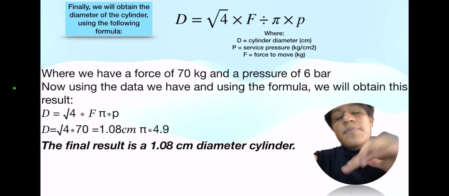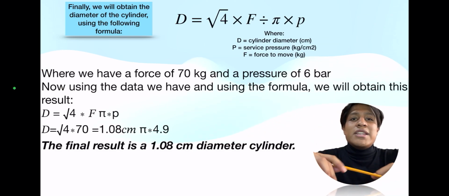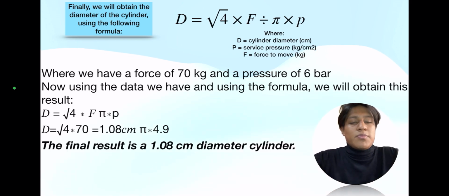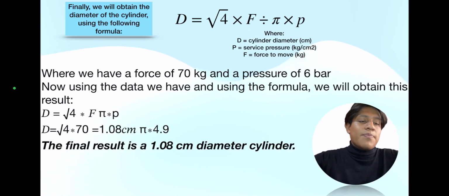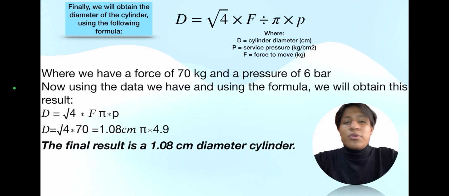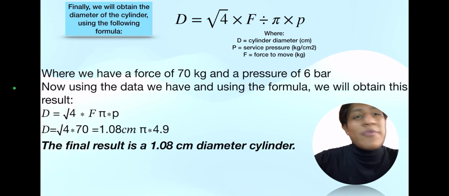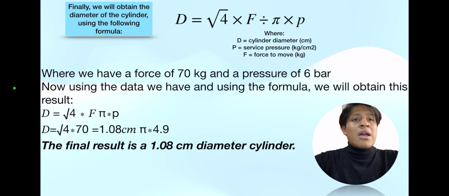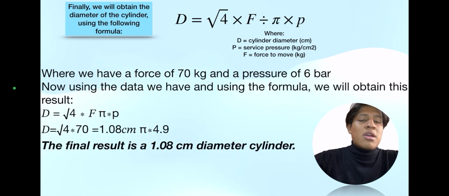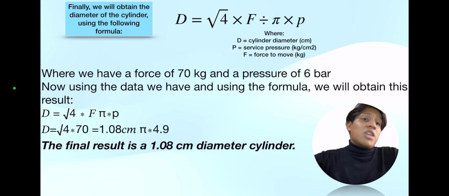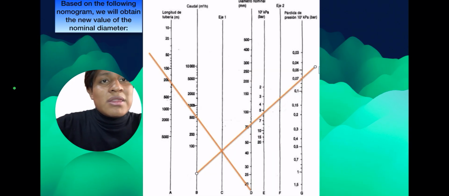Okay, let's go. Finally, we are going to obtain the diameter of the cylinder using the following formula. Why the cylinder? Because it is cheaper for all the industry, and it's easier to work with. We have this formula, where D is diameter in centimeters, P is surface pressure, and F is force to move, in kilograms.